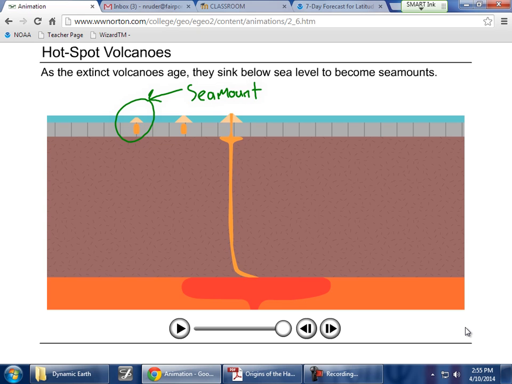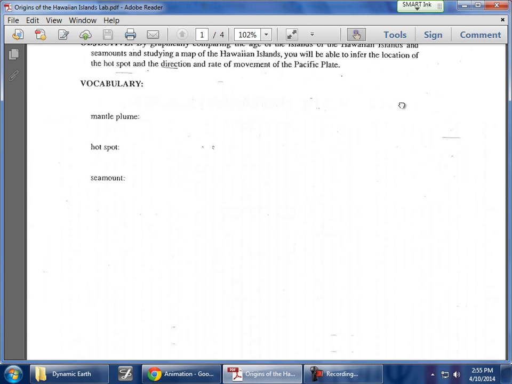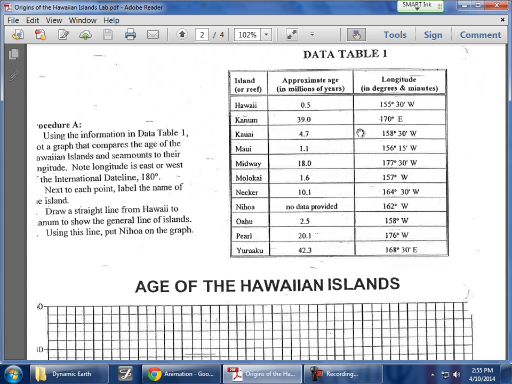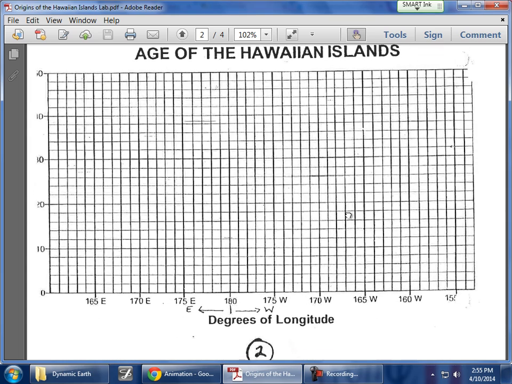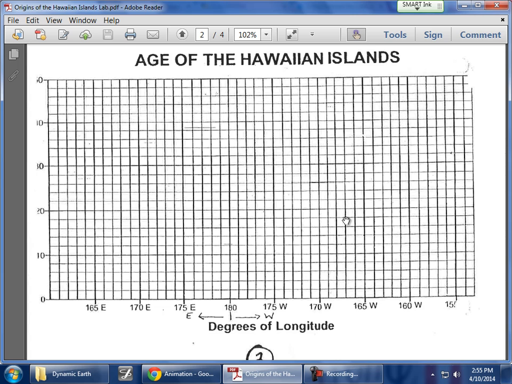So now go ahead and go to the big graph in your lab. So we're going to flip from the front here. You'll notice that you have a bunch of data. And I apologize because some of the y-axis got cut off. So what I'm going to do is just let you know. You probably realize this, but this is a 10 over here. This is a 20, 30, 40, and 50.